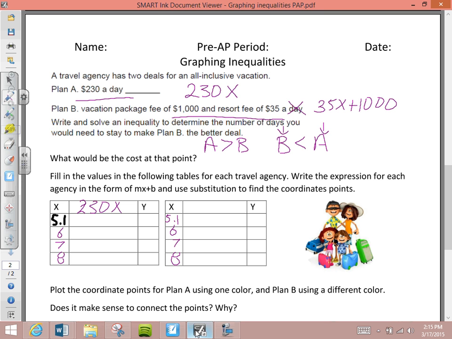And this would be 35x plus 1,000. And now use your calculators to give me the values of those things. You got them? What was this one? 73. Did you use 5.1? Okay.